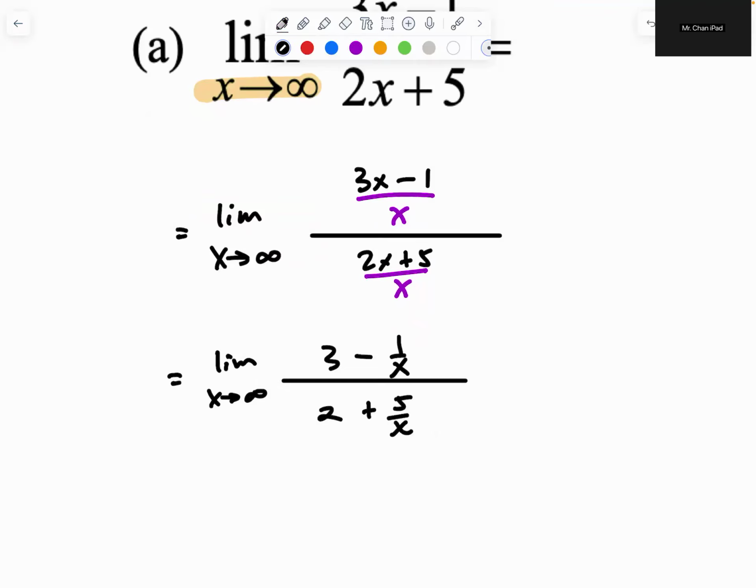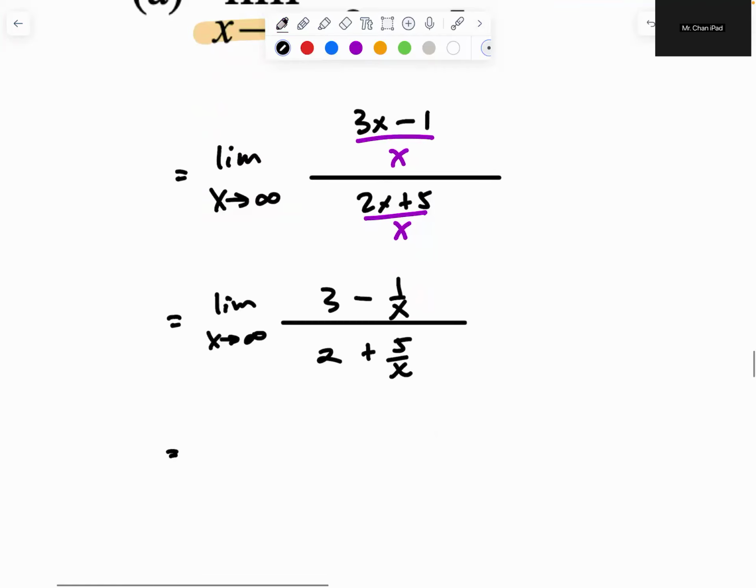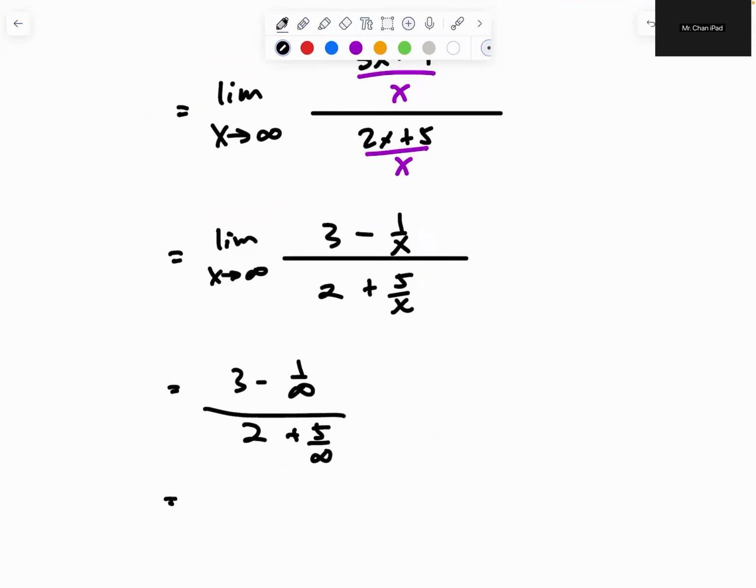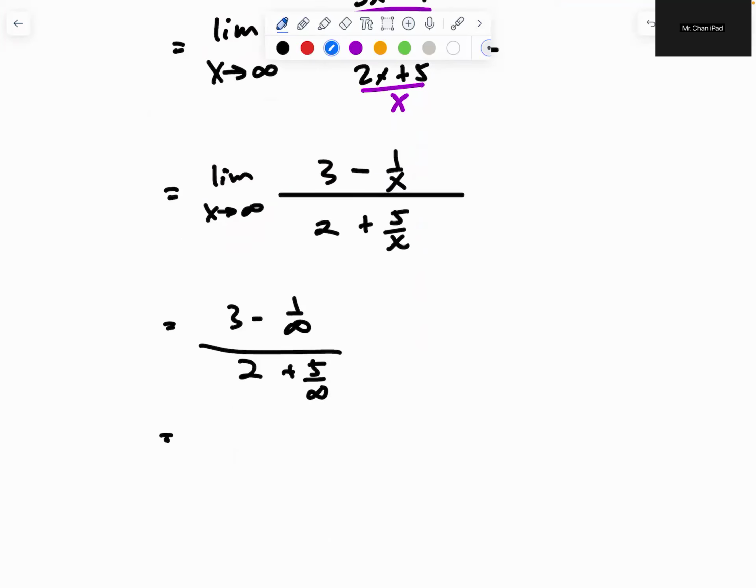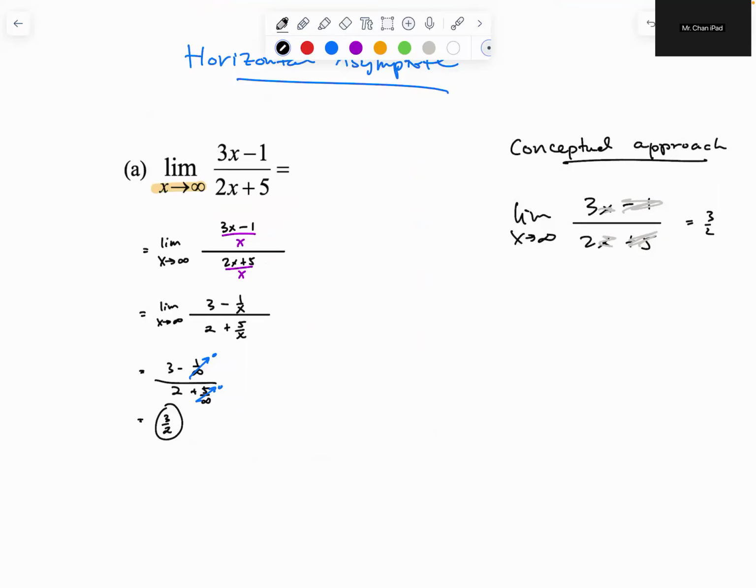We do this so that when we plug in infinity into the x's, and by the way, you can skip this step if you are clear, that just becomes 0, and that just becomes 0. So you get the same answer, which is 3 over 2. Easy peasy. So, the conceptual approach and the algebraic approach. Make sure you have these two approaches ready.